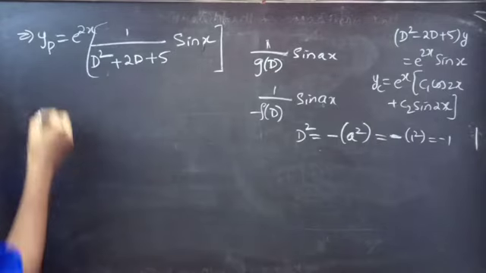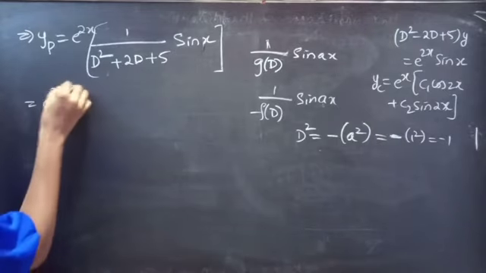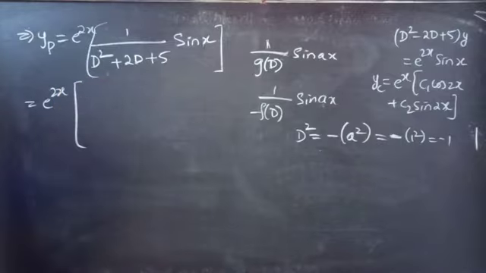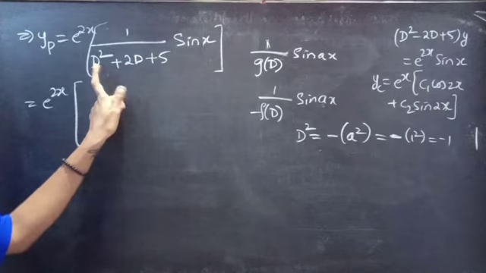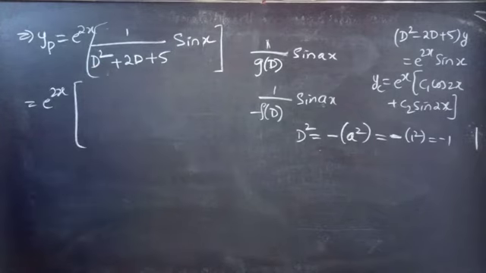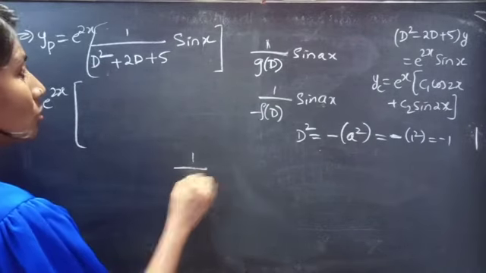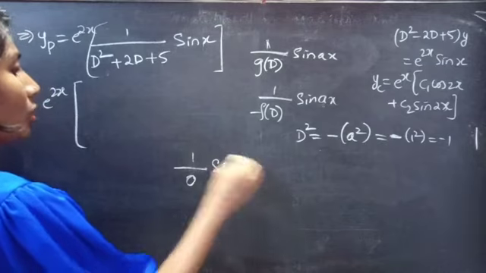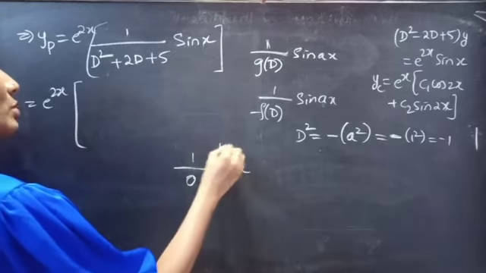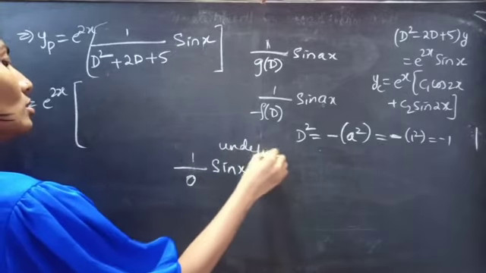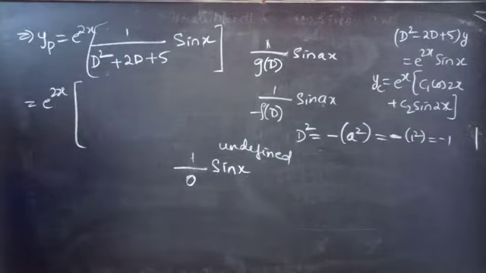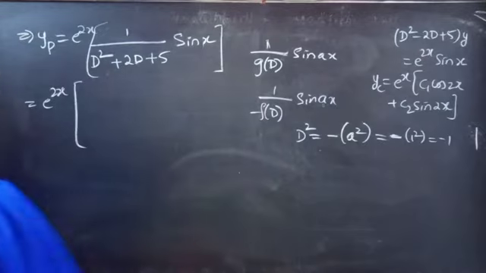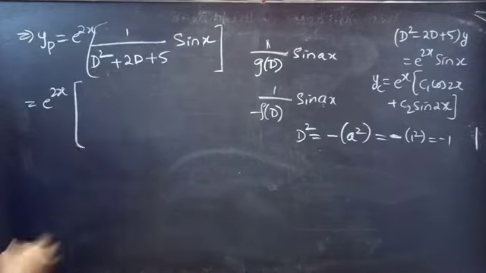Now what we'll do is replace d square by minus 1. Always remember that the denominator must be non-zero. If we get the denominator 0, then 1 by 0 into sin x becomes undefined, since 1 by 0 is undefined, right? Let's see what happens if we replace d square by minus 1 in the denominator.